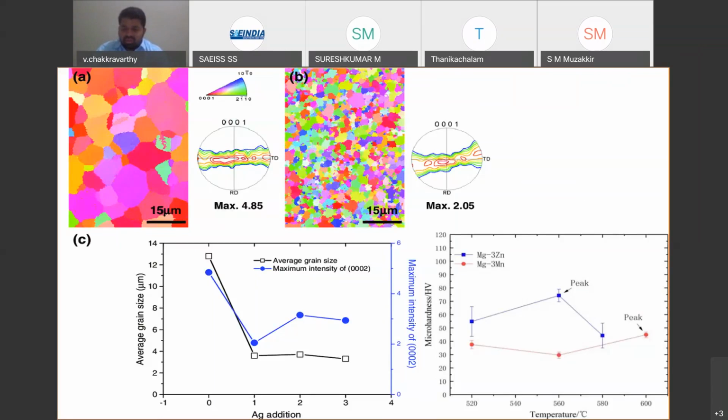In figure 4 you can see the peak value of the micro hardness of a magnesium implant. The second one, V1, was represented with the blue color micro hardness graph. Fine grains generally have higher micro hardness, and coarse grains generally have poor micro hardness. This is based on the Hall-Petch empirical relationship.